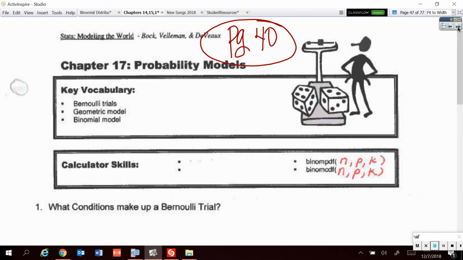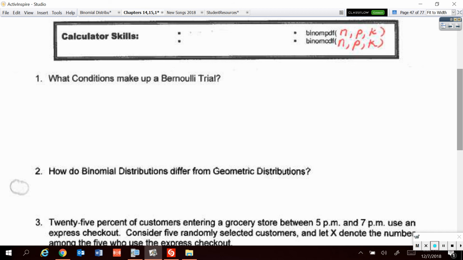When we look at our notes on page 40, and we're talking about why that binomial is a little bit different from that normal model, let's talk about the things that make this binomial. We're going to remember those conditions with this mnemonic device, BINS. So anybody think they know what the B would represent?